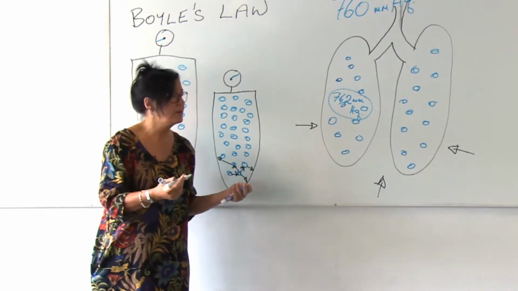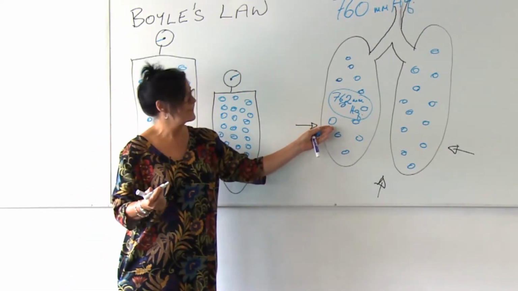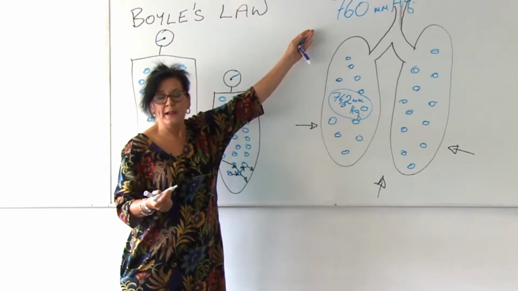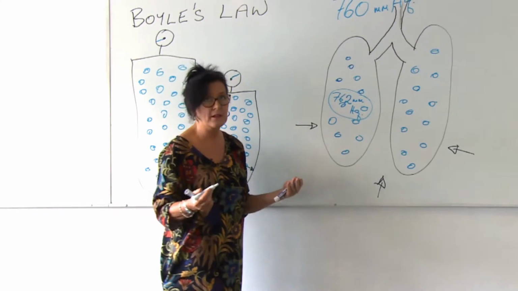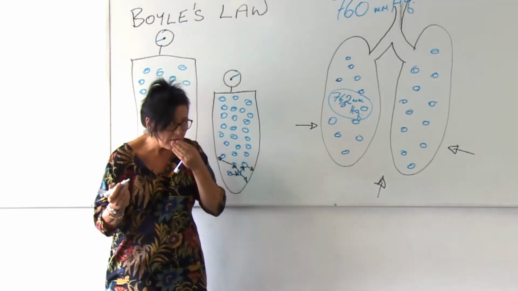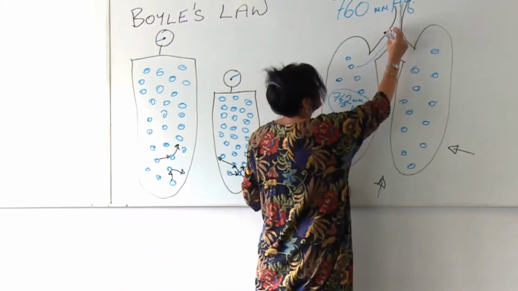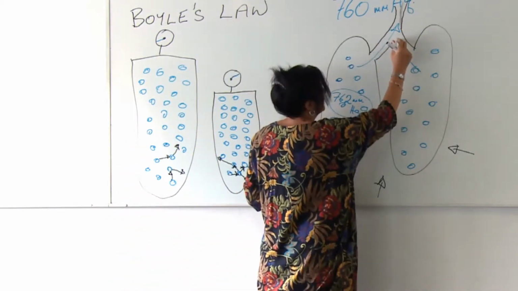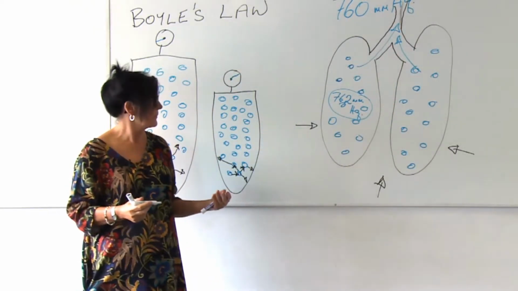High to low, so air will move out of the lungs to the atmosphere because it's following its pressure gradient from high to low. And if you think, you breathe out, you can feel air coming out. And that's exactly what's happening when we make the lungs smaller.